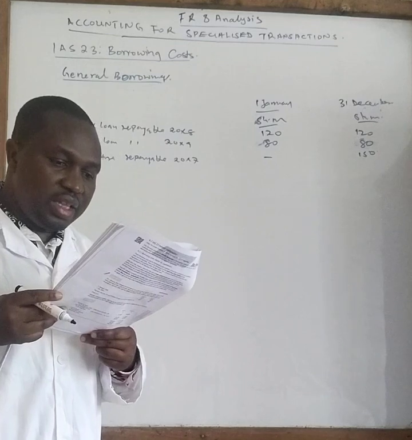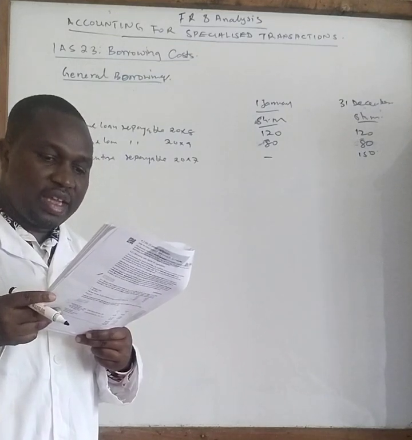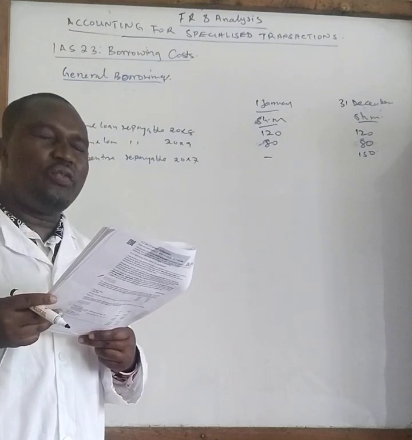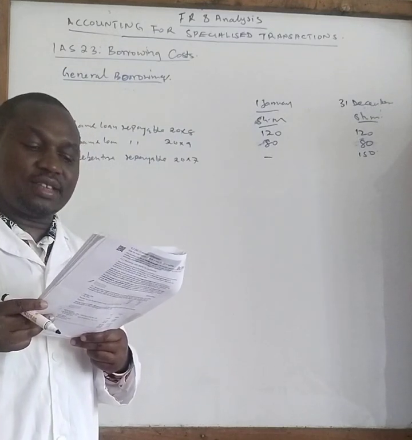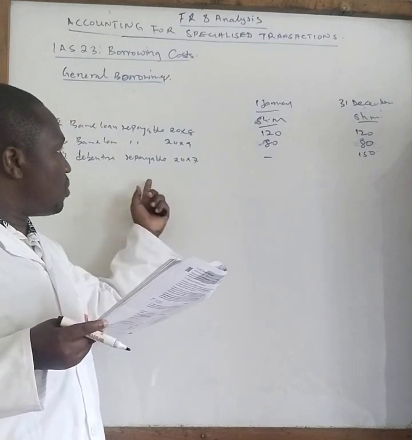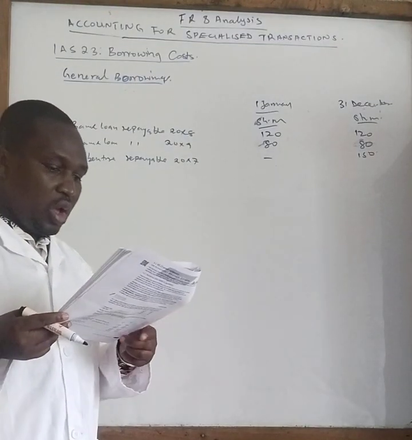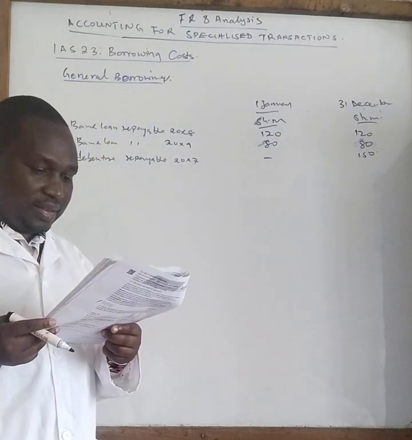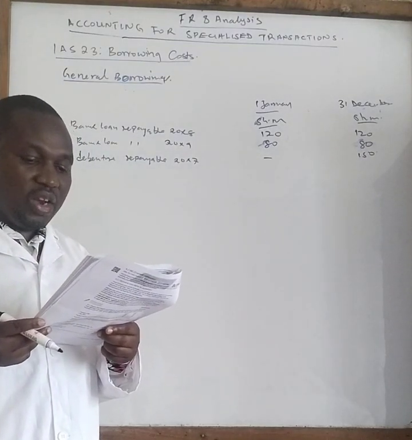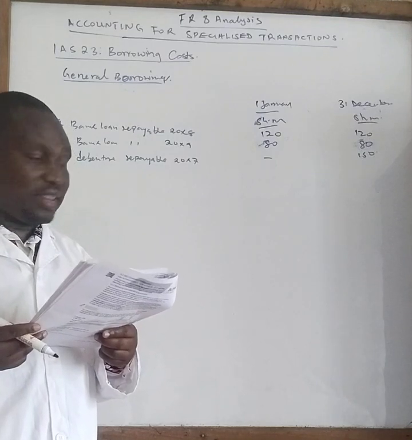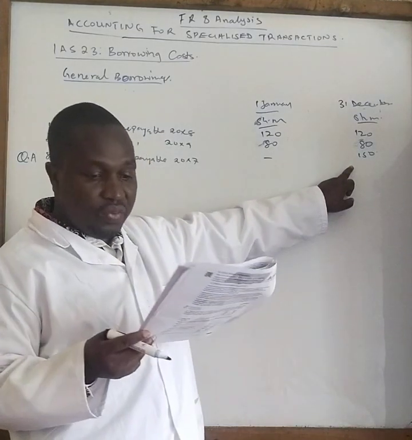Then the question. The debenture was issued to fund the construction of a qualifying asset, a piece of mining equipment, construction of which began on 1st of July 20x6. On 1st January 20x6, a company began construction of a qualifying asset, which is now costing how much? 150,000.